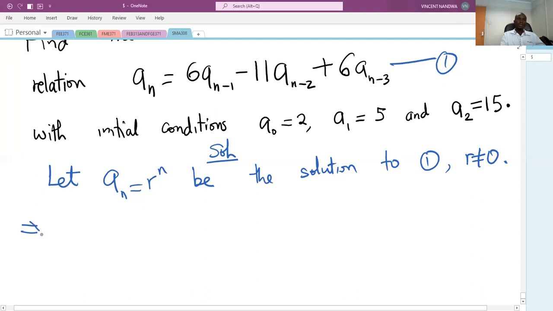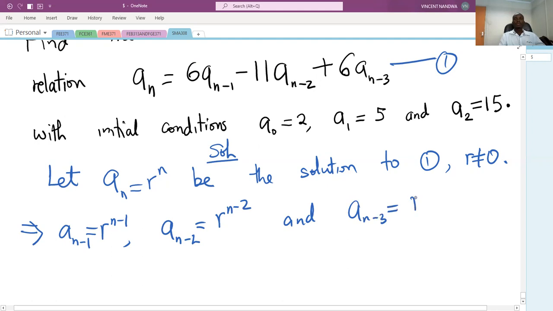So by that we mean a_(n-1) would be r raised to the power n minus 1, a_(n-2) would be r raised to the power n minus 2, and a_(n-3) would be r raised to the power n minus 3. And then you call this one equation 2.